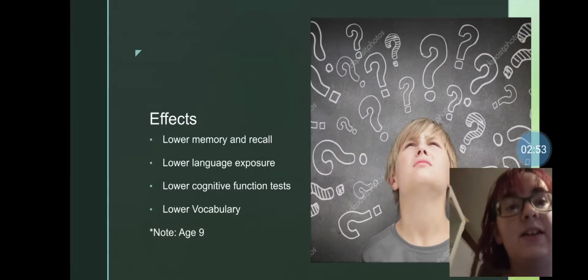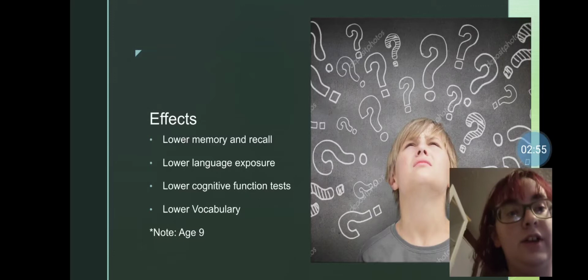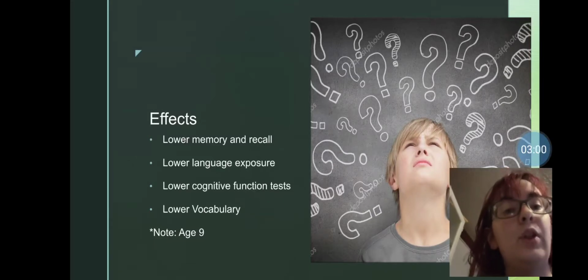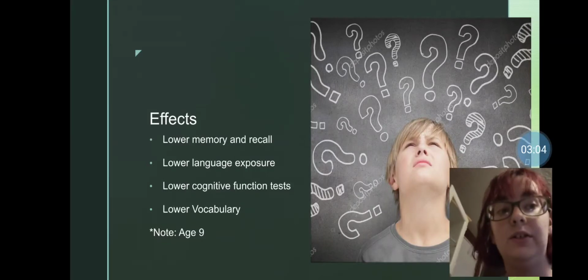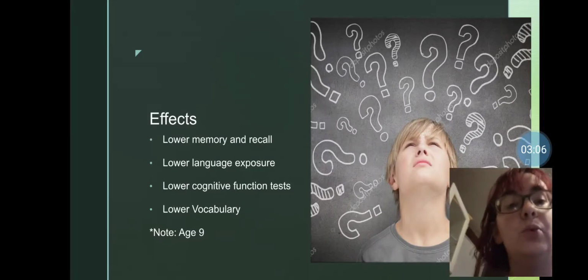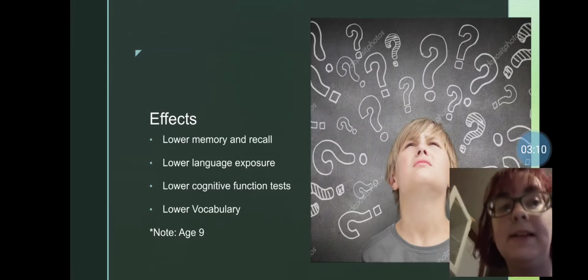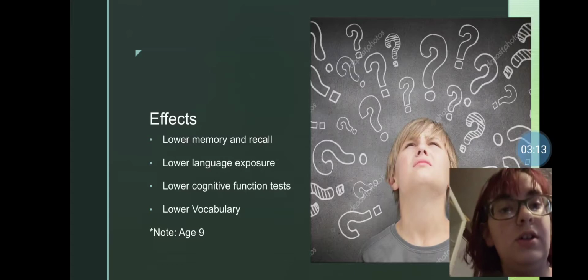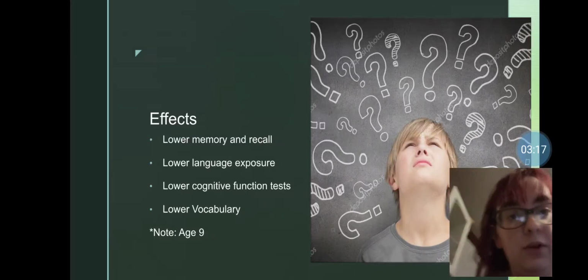So, how does that affect their oral language acquisition? Well, for one thing, they have a lower memory and recall, and that really affects their vocabulary skills, because you have to actually remember the words. Words start as just mimicking sounds, mimicking words. A lower language exposure, which we already talked about.